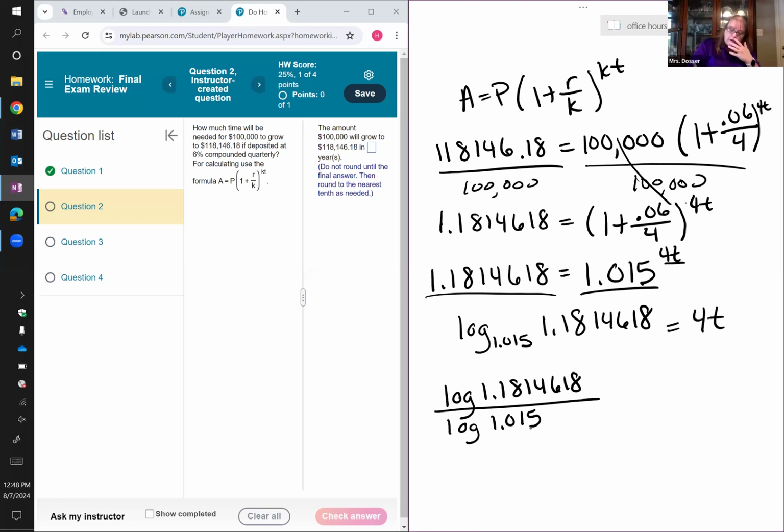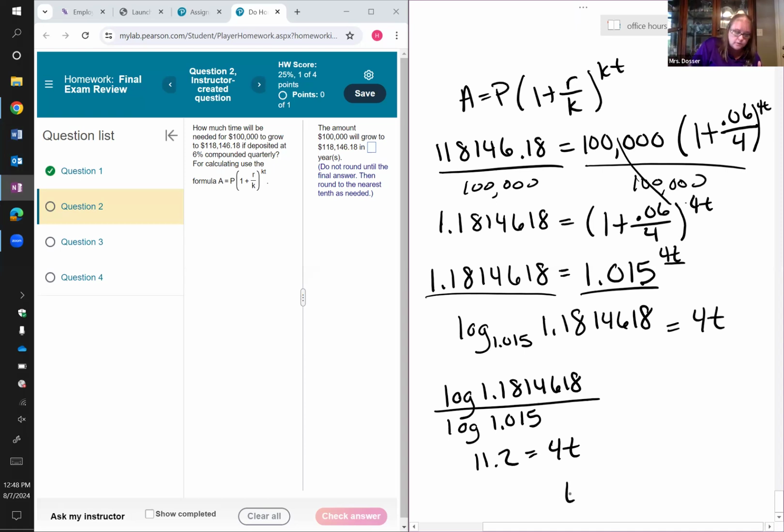Either way, when you do, you end up with 11.2 is equal to 4t. Now, I didn't write the entire decimal, but I do still have the entire decimal in my calculator. So without rounding yet, I'm just going to hit divided by 4 in the calculator to get the t by itself. We're going to divide both sides by 4.